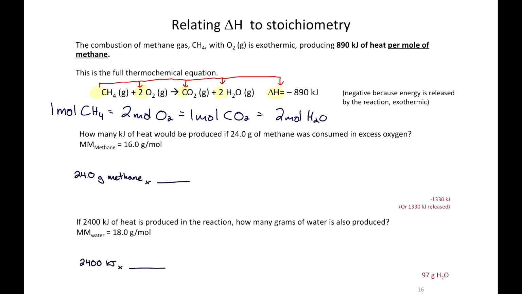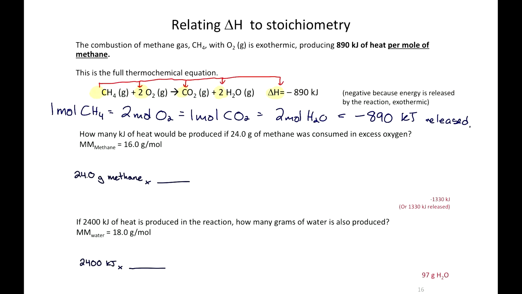If this was chapter 3, those are all the equalities we would use for stoichiometry. But what's different in chapter 5 is I can also say this reaction of all those things releases 890 kilojoules of energy. It's released because it's a negative sign, all right? So we just added this new thing that we can use with stoichiometry.